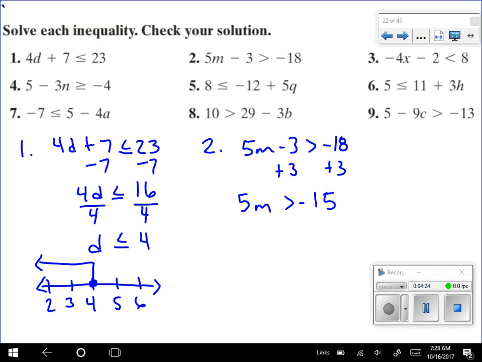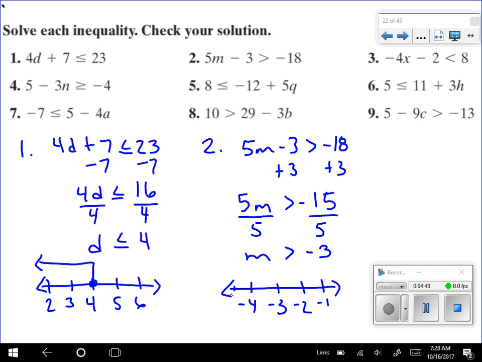Again, we're treating it just like an equation, so I'm going to divide by 5 now to get my m by itself. So I have m is greater than negative 3. I need to make sure I didn't divide by a negative. Here I did not. So m is greater than negative 3. I forgot to check the last one, but we'll do it on this one.